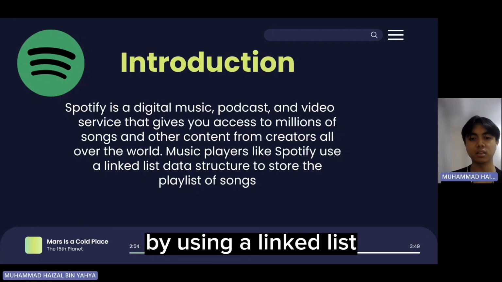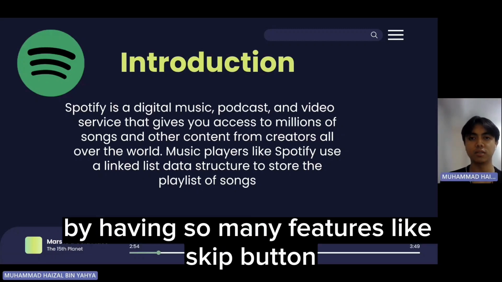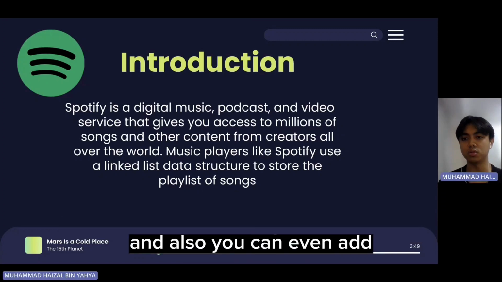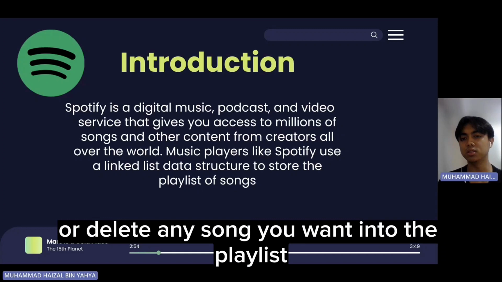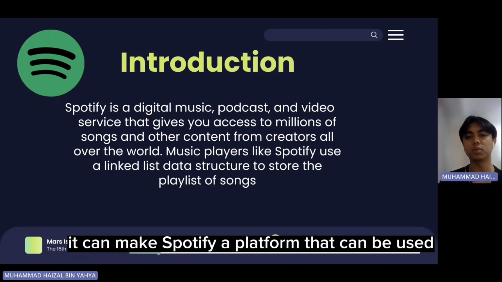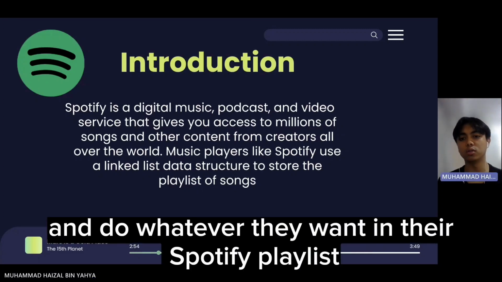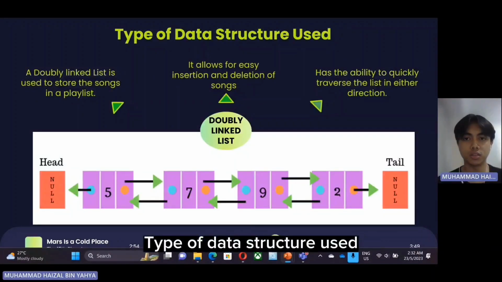By using a linked list, everything is much easier, with features like the skip button, the reverse button, and you can even add or delete any song that you want in the playlist. Because of this data structure, Spotify is a platform that is easy for users to create their own playlist, listen to their own music, and do whatever they want in their Spotify playlist.